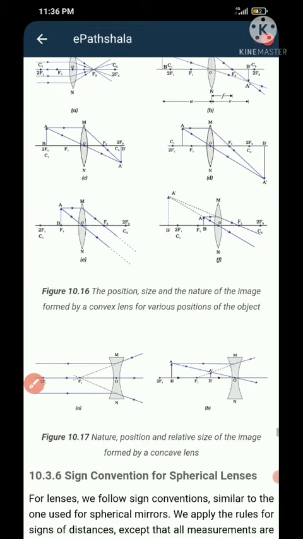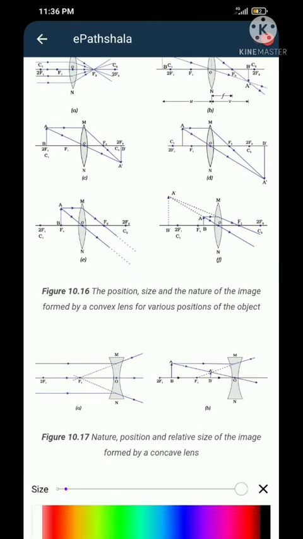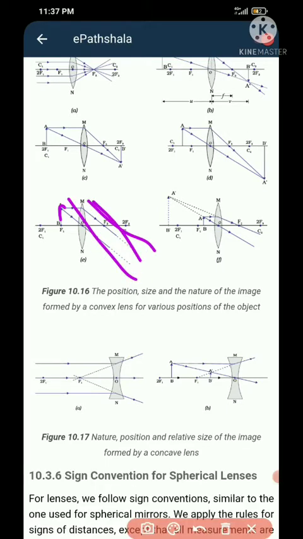For case E, your object is placed at the focus. When it is put on the focus, the image forms parallel, so it appears to meet at infinity, so the image becomes enlarged. Okay, and formed at infinity.